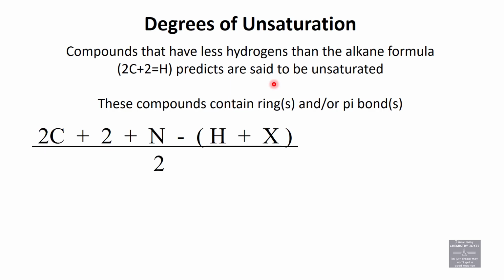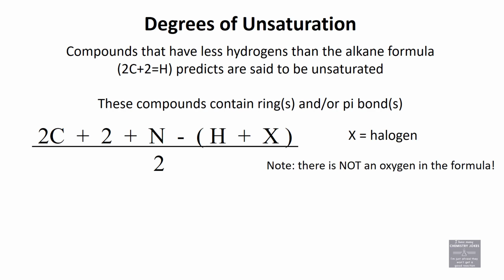So there's a formula that says this is the number of degrees of unsaturation in a compound. Note, X means halogen, and there is not an oxygen in the formula for this thing.